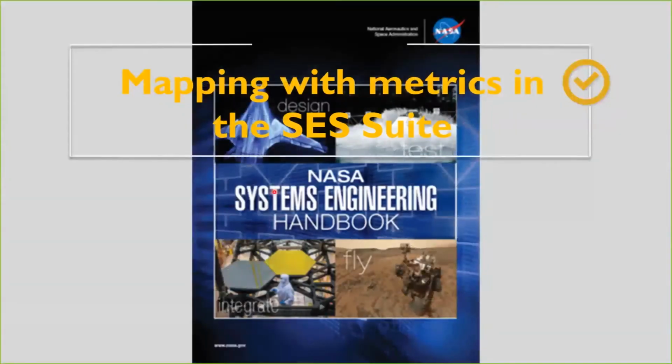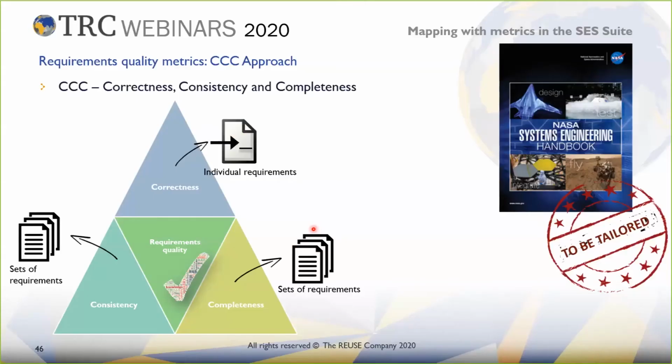Well, how can we make this mapping with our metrics, with the NASA guidance? Our metrics has an approach of this, what we call CCC: correctness, consistency, and completeness. Of course, correctness for individual requirements, and consistency and completeness for sets of requirements.